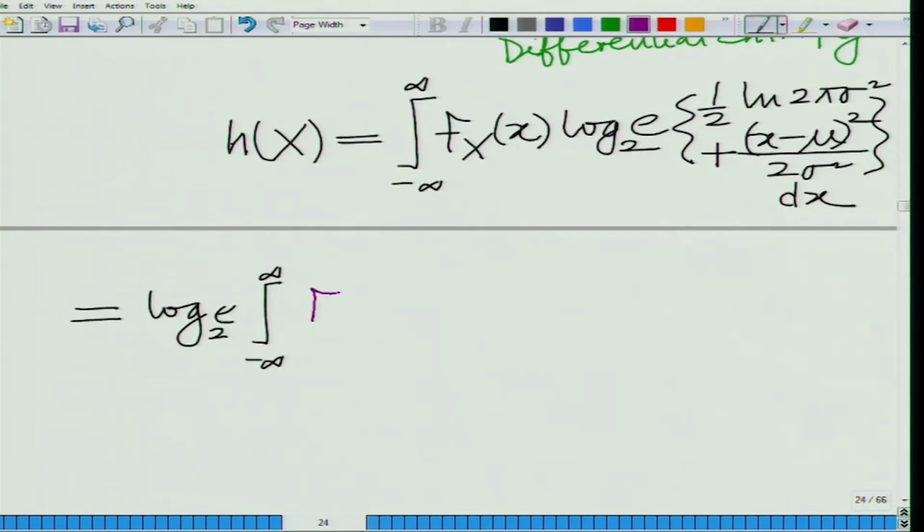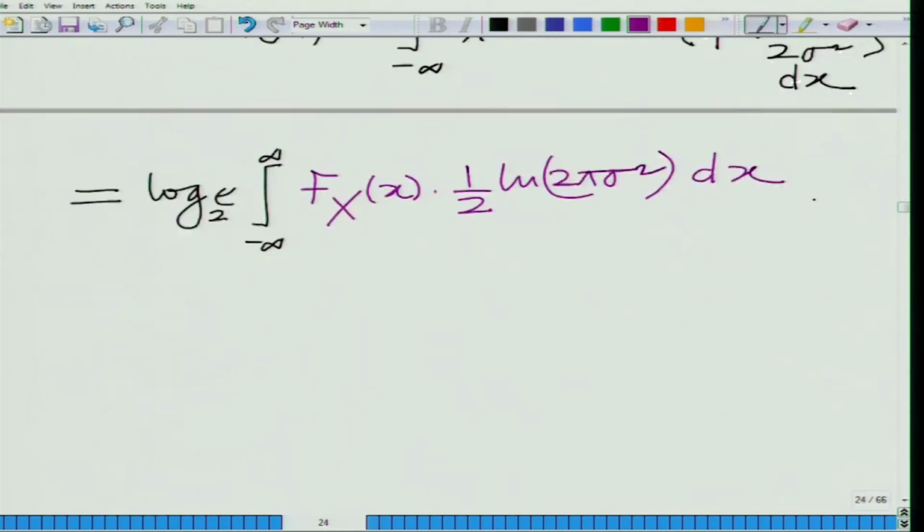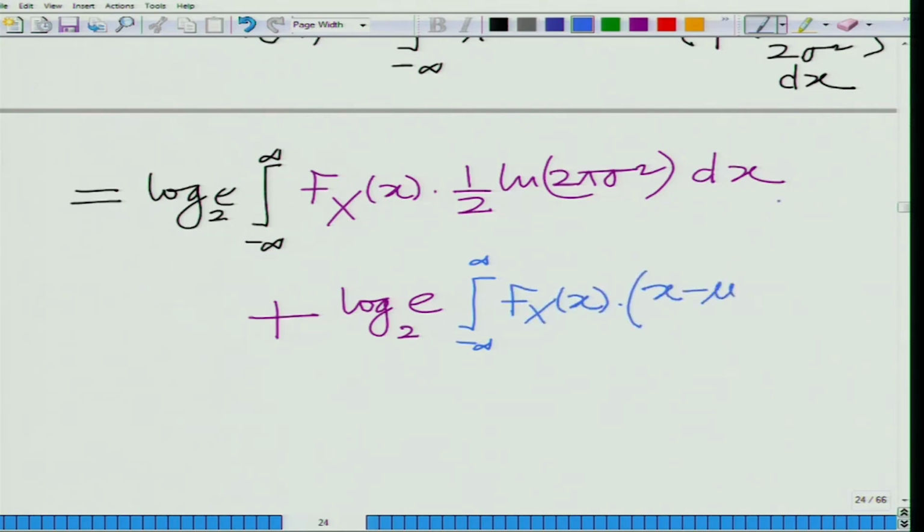Let us split the term in the brackets, so I have split it into two separate integrals: f of x times half ln 2 pi sigma square dx, plus f of x times x minus mu whole square by 2 sigma square dx.